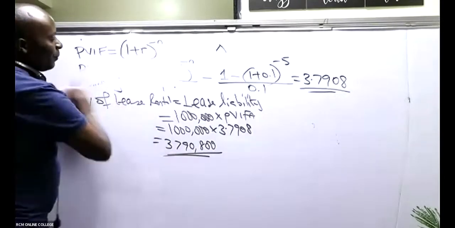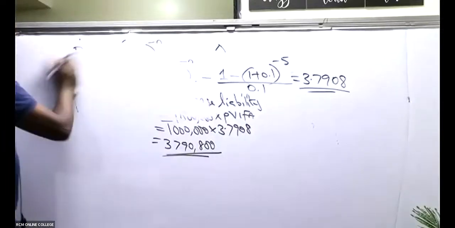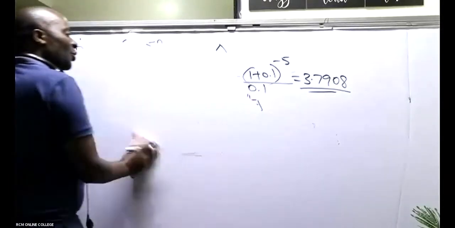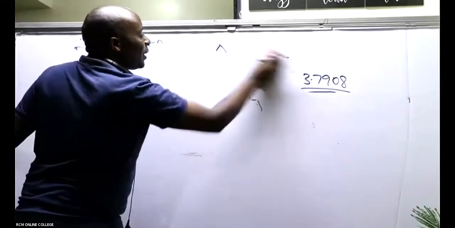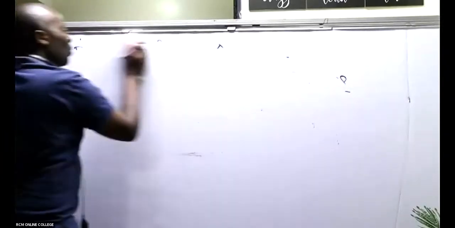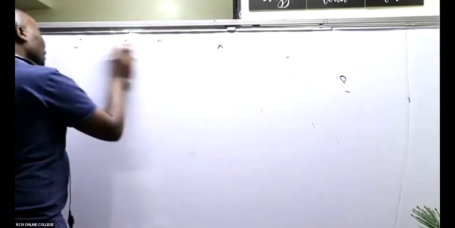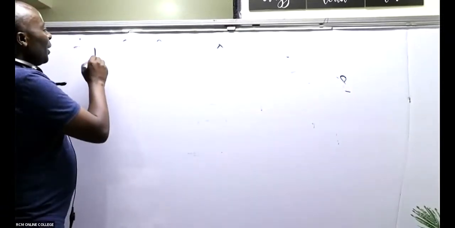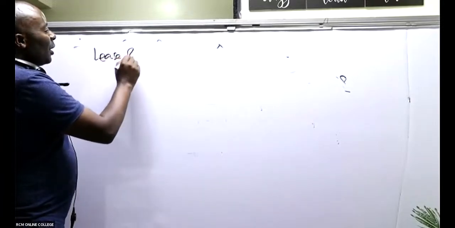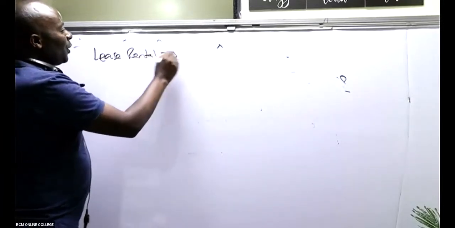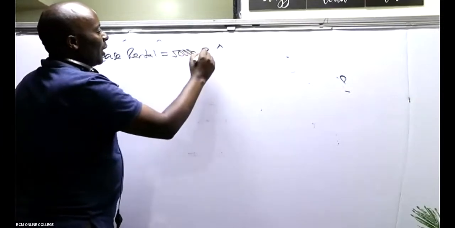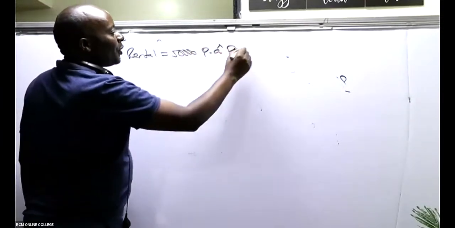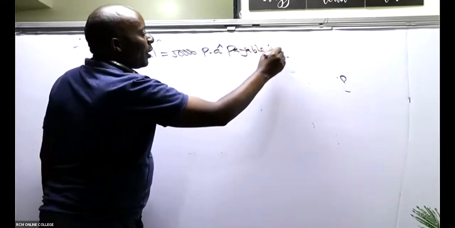But you see again, another trick that I've always seen the AFR, Advanced Financial Reporting, and of course the Intermediate Financial Reporting examiners doing. These examiners will come and tell you the following. That lease rental is 50,000 per annum, payable in advance.